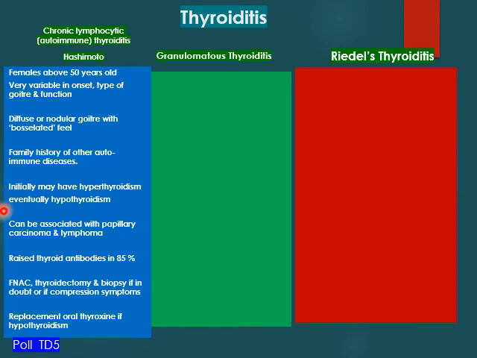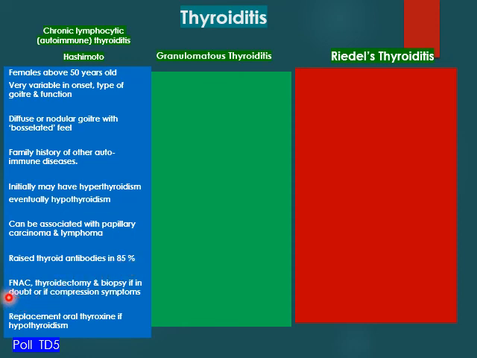Initially may have hyperthyroidism, eventually leads to hypothyroidism. In fact, in some countries, it is the most common cause of hypothyroidism. It can be associated with papillary carcinoma and lymphoma. Because of their autoimmune nature, anti-thyroid antibodies are elevated in as high as 85% of these patients.